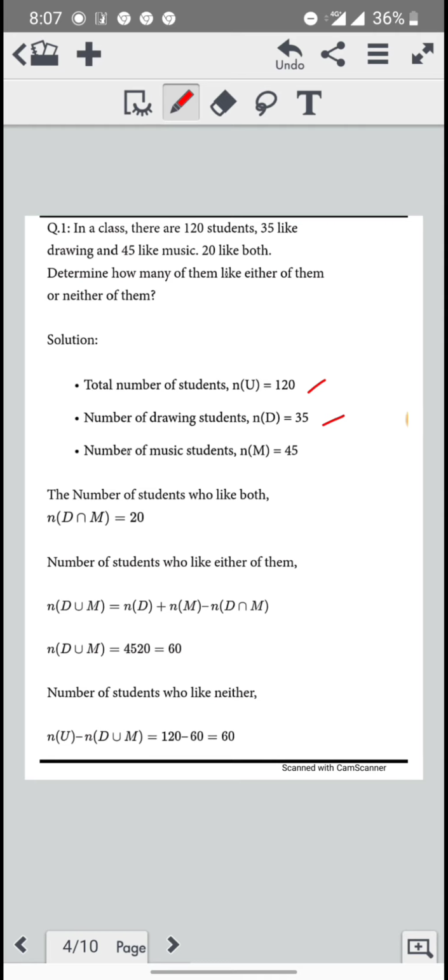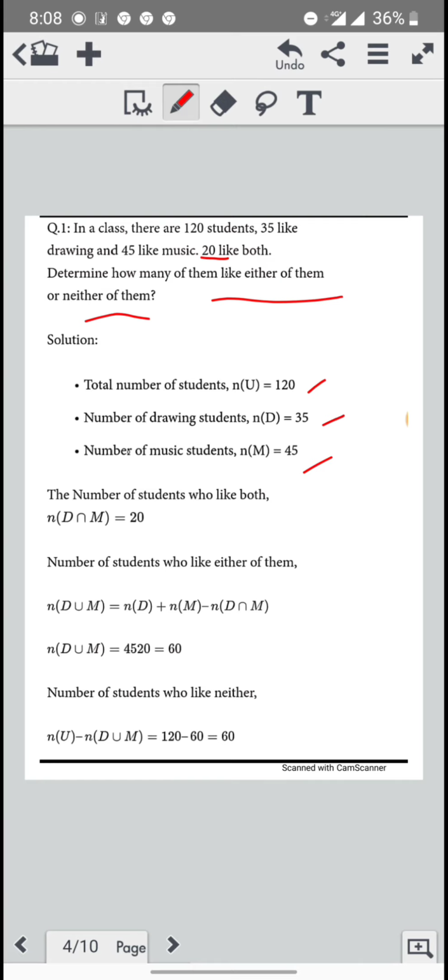Number of music students n(M) is equal to 45. Determine how many of them like either of them or neither of them. The number of students who like both is equal to 20. That is, n(D intersection M) is equal to 20.